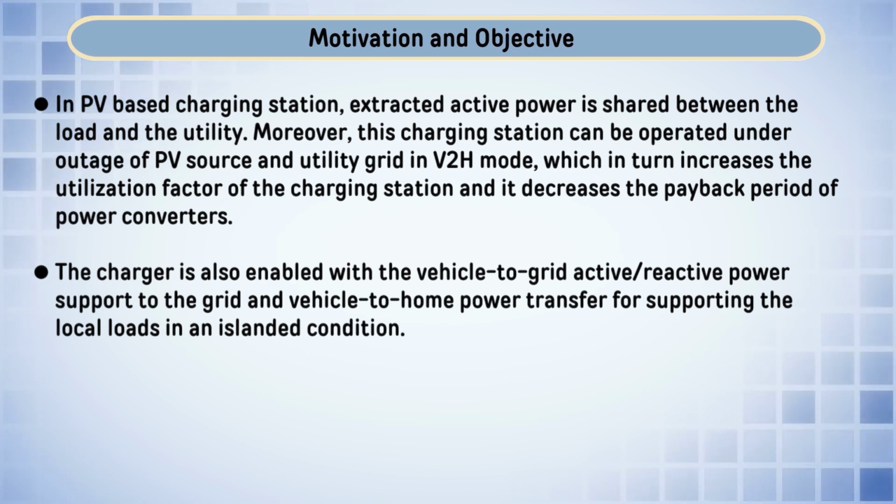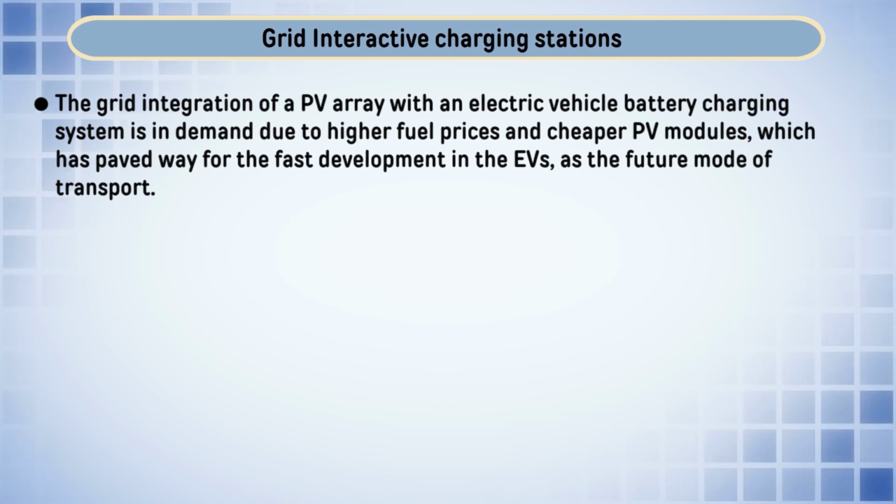It is not the case that whenever the grid is not there, we have to shut down our charging station, because we have installed one battery bank and one renewable energy source. So, whenever there is an outage of the grid, we can take power from the battery bank if the SOC of the battery is maintained up to a certain limit.